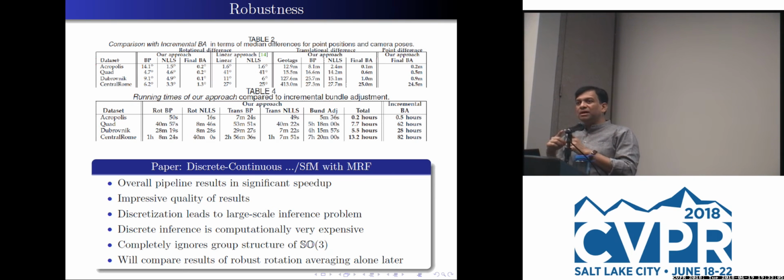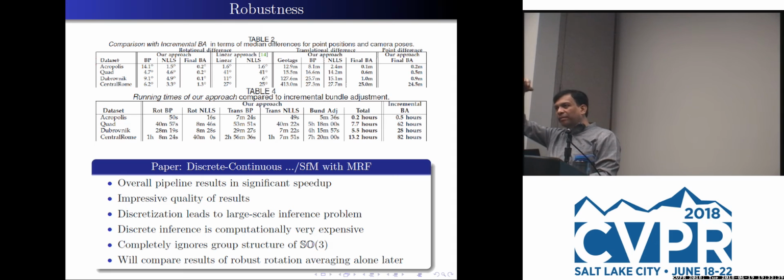And what this approach is now doing is taking pairwise measurements of relative motions, averaging them in the sense that we defined, and then solving for the 3D points by doing some kind of triangulation. So you already have a reasonably good, it's not perfect, but you have a reasonably good solution, which is very fast in comparative terms. And so now the bundle adjustment problem that you have to deal with is almost solved because you're very close to the final answer that you want to be at, right?